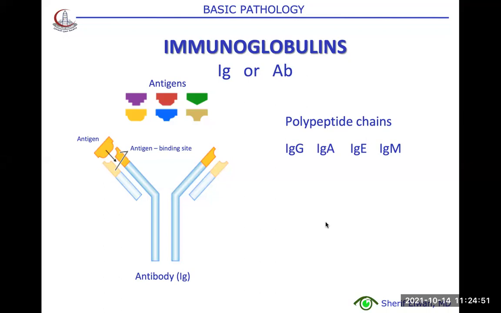These polypeptide chains, or sort of proteins, are characterized into four categories: the IgG, IgA, IgE, and IgM.